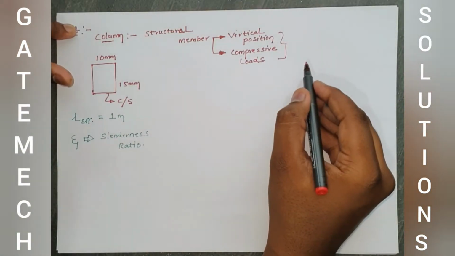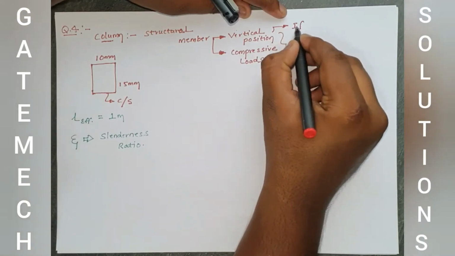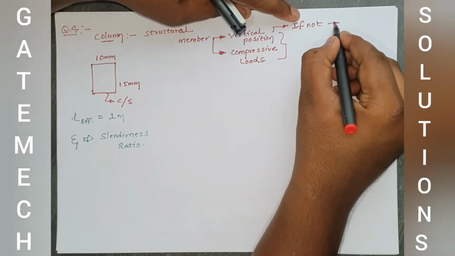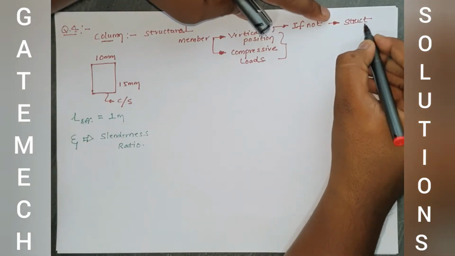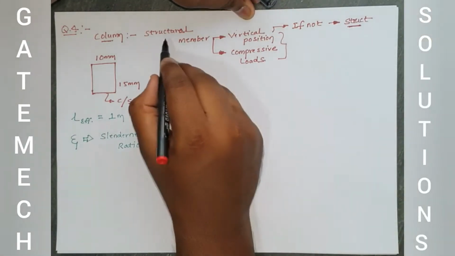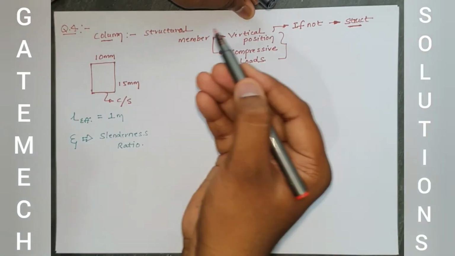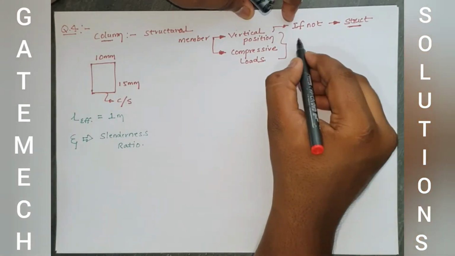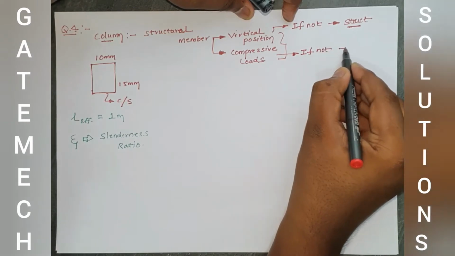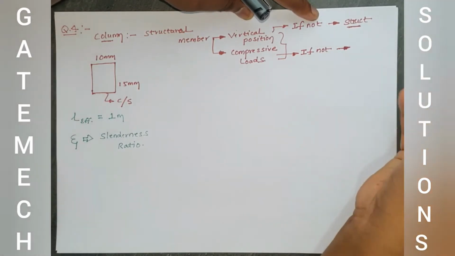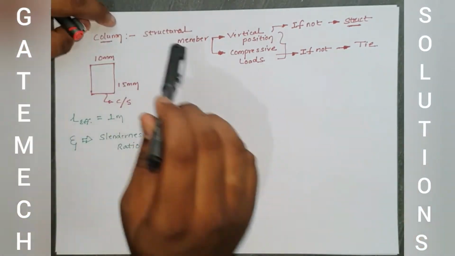For example, you may have a doubt: if it is not in vertical position but subjected to compressive loads, that can be called a strut, S-T-R-U-T. A strut is a structural member always subjected to compressive loads but maybe in any position, inclined, horizontal, or vertical. Again, you may have another doubt: if not compressive load but tensile load, in any position, then it can be called a tie. So this is the basic information regarding this.